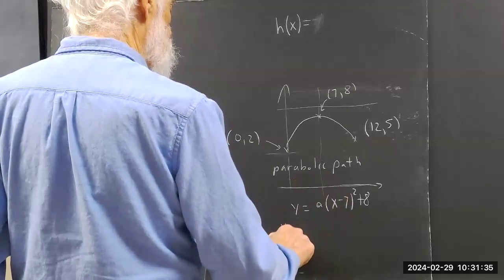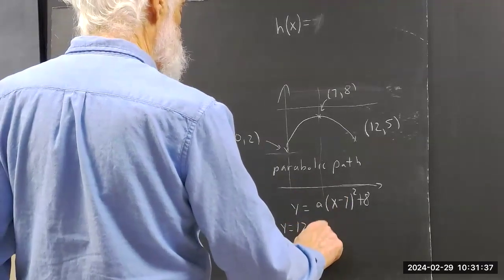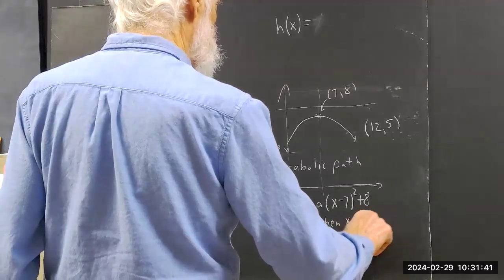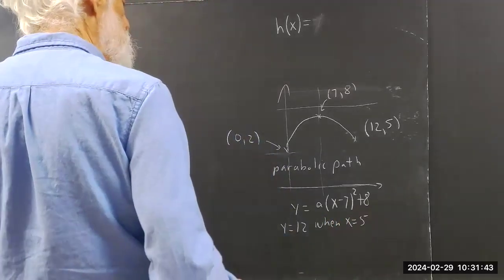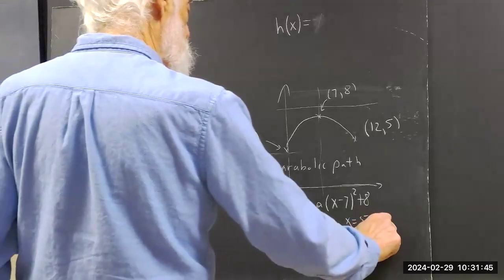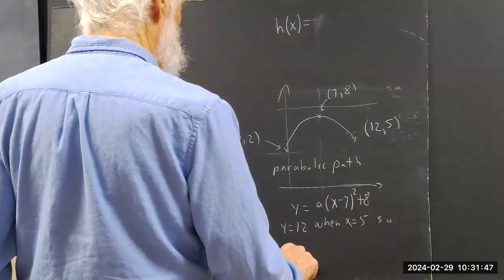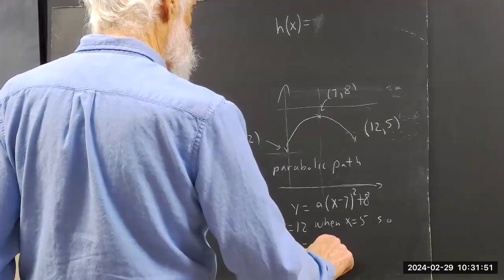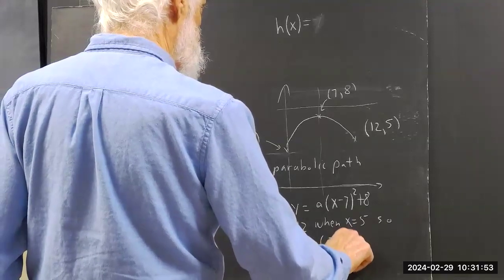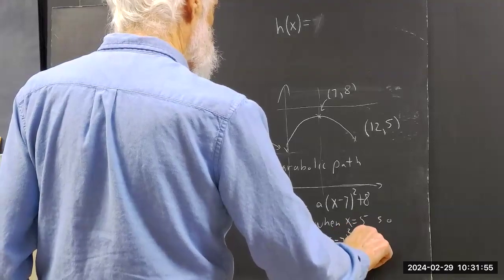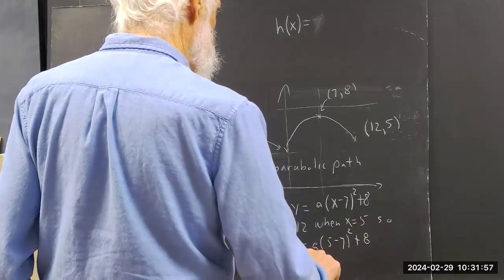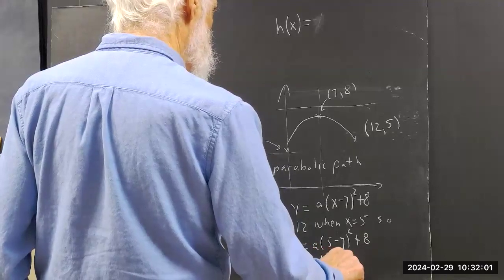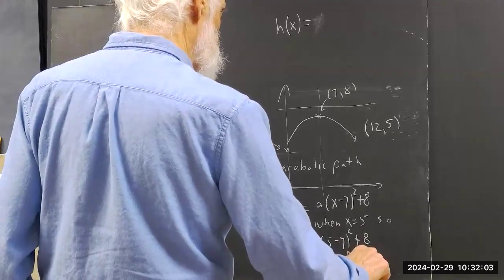Or y equals 12 when x equals 5. So we have the equation 12 equals a times 5 minus 7 quantity squared plus 8, which equals 4a plus 8.